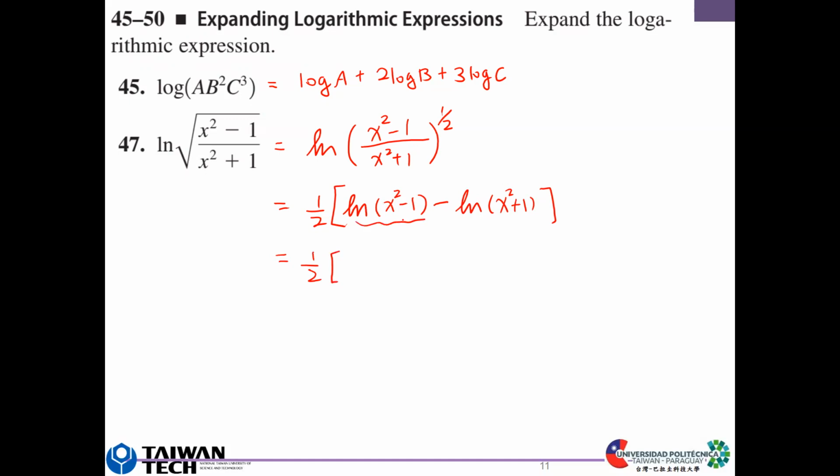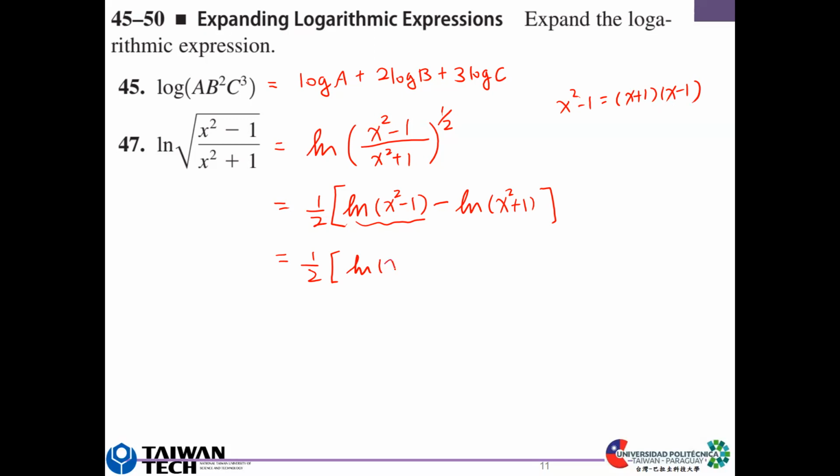This is because x squared minus 1 equals x plus 1 times x minus 1. And the multiplication within the log function becomes a summation.